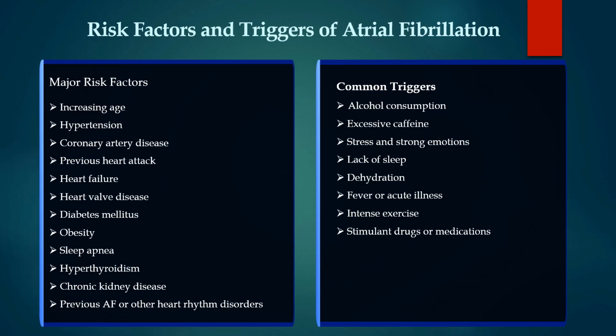Let's talk about some of the risk factors and triggers of atrial fibrillation. Major risk factors are increasing age, hypertension, coronary artery disease, previous heart attack, heart failure, heart valve disease, diabetes mellitus, obesity, sleep apnea, hyperthyroidism, chronic kidney disease, and previous AF or other heart rhythm disorders.